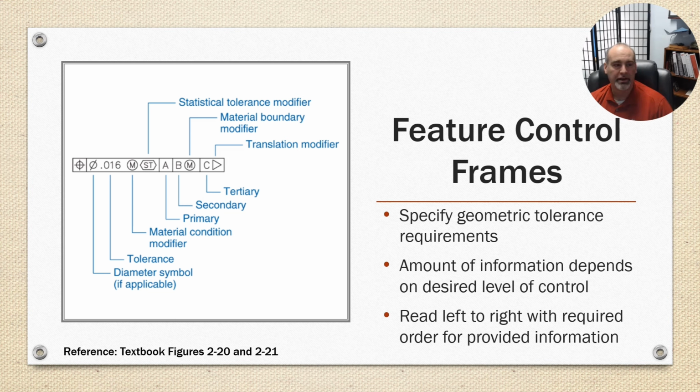Looks like we've got a material boundary modifier next to the B. And then we have our tertiary datum, which is C, and a translation modifier. So that's a fairly complicated frame. I'd say that's probably a little more than I would see on average. Somebody just wanted to throw a bunch of symbols in there for examples. But yes, you read it from left to right.